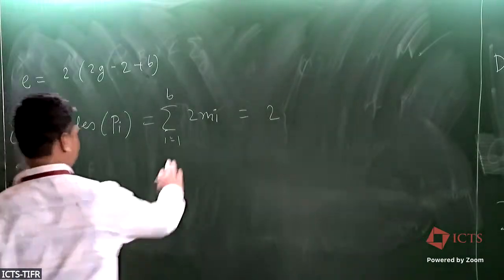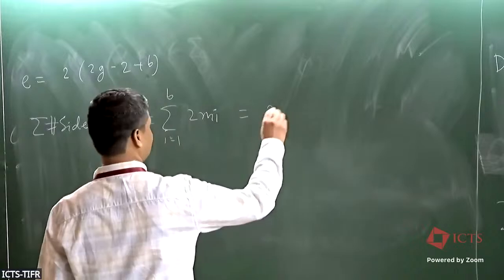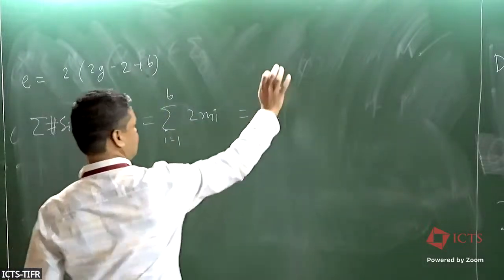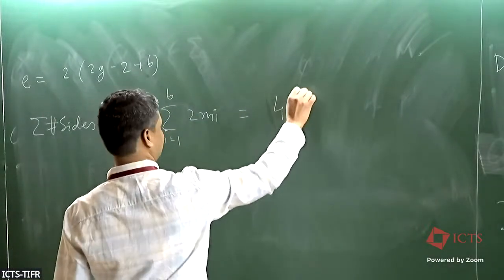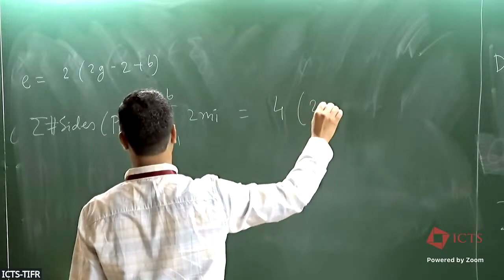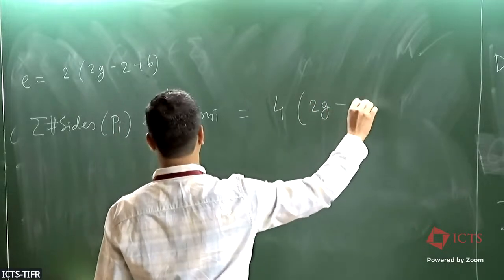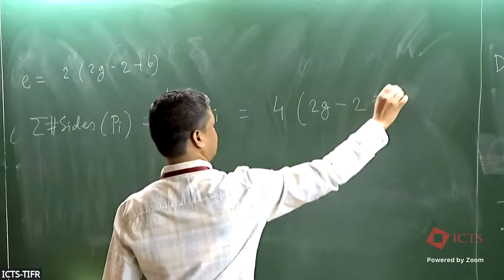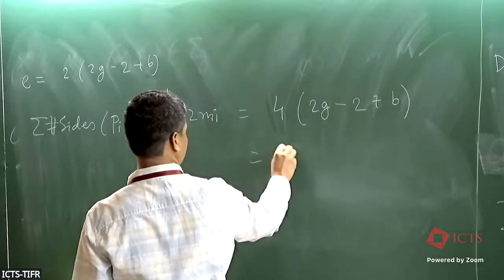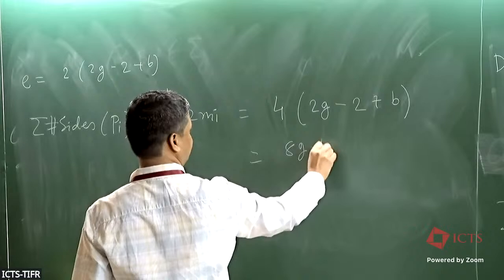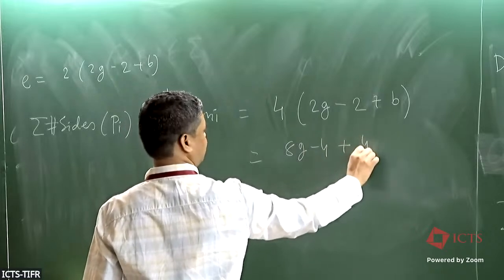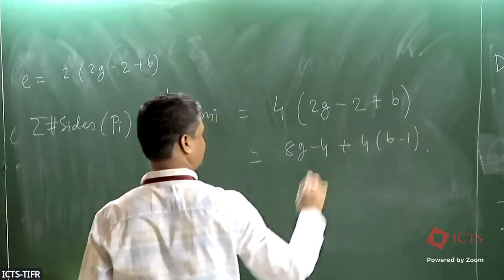So this summation is equal to 2 times E, that is 4 times (2g minus 2 plus B), and this is equal to 8g minus 4 plus 4 times (B minus 1).